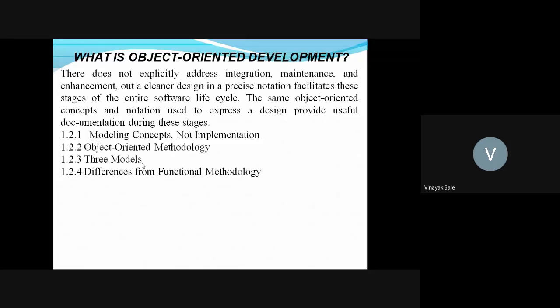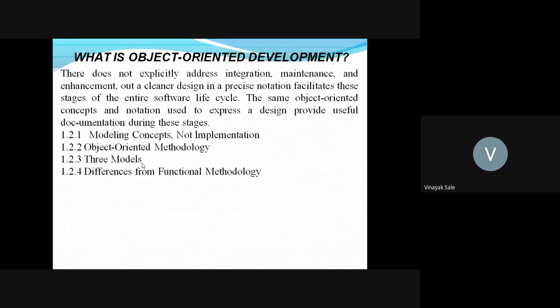It also addresses integration, maintenance, and enhancement, and a cleaner design in a precise notation facilitates these stages of the entire software lifecycle. The same object-oriented concepts and notations used to express a design provide useful documentation during these stages.